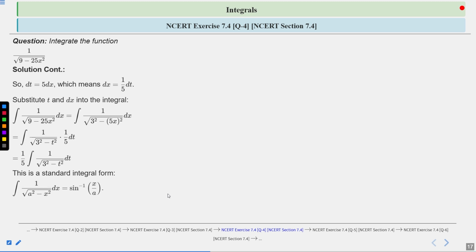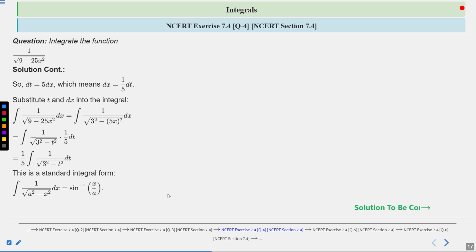We can write the integral of 1 upon root over a square minus x square dx is sine inverse x by a. This is a standard form which we know.